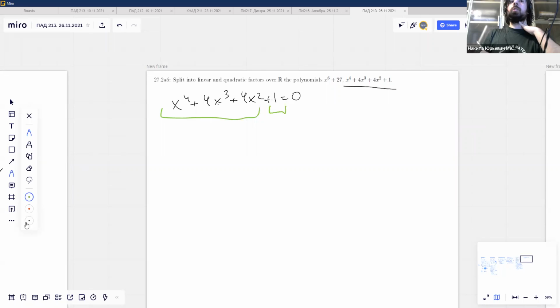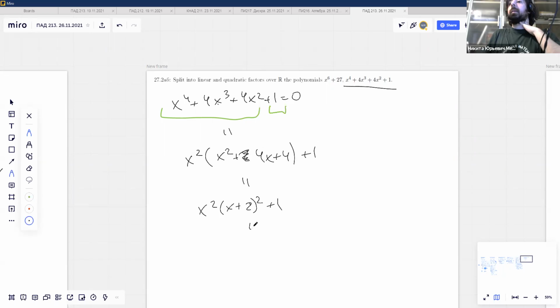If you look at the first part, you can guess that it equals x squared times x squared plus 4x plus 4. And this is x plus 2 squared. And I can represent this as a square of this. Okay. But now we can see this is a difference of squares.